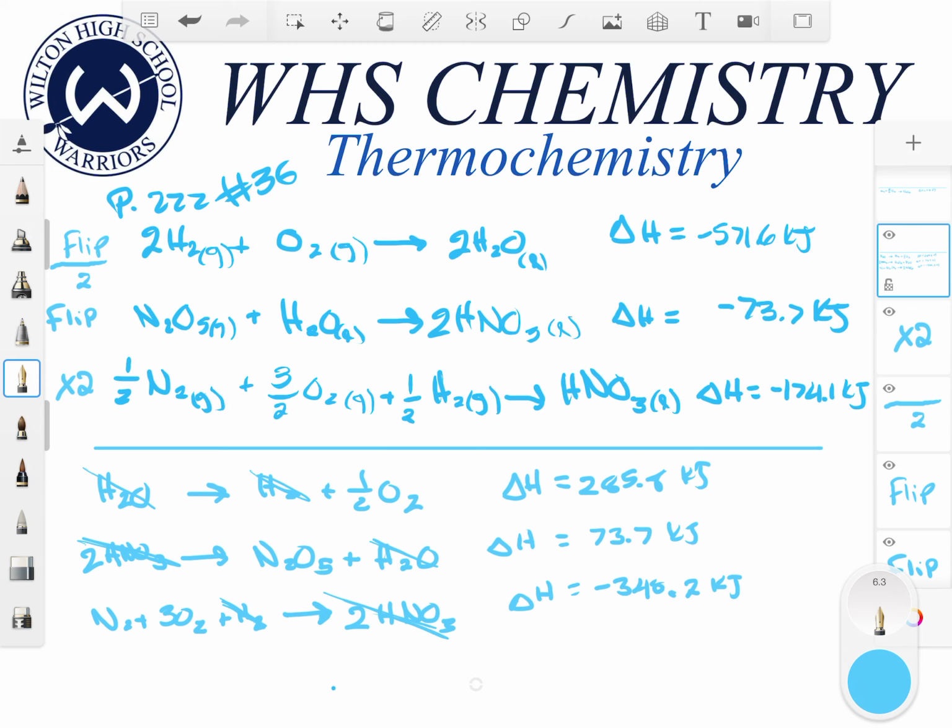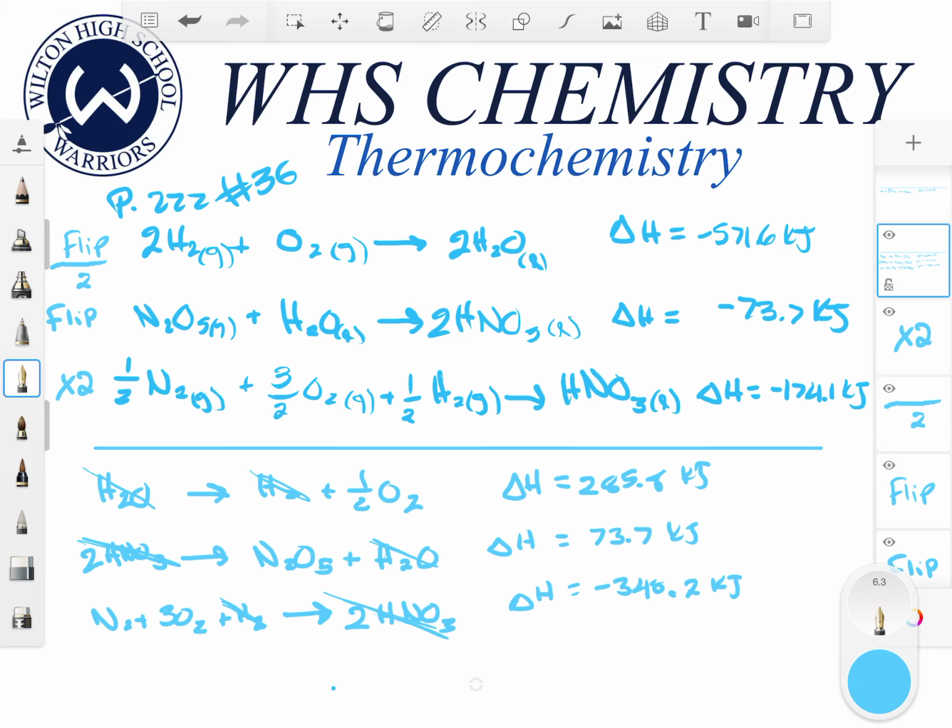Now, we're left with nitrogen, oxygen, and dinitrogen pentoxide. However, we still need to cancel out this oxygen in the first equation, even though we need it for the final reaction.